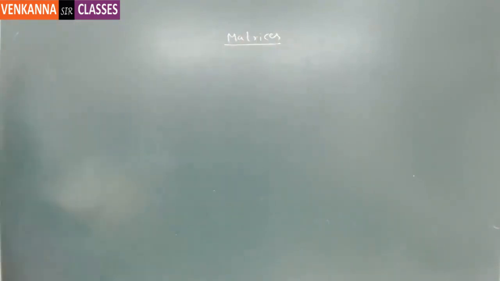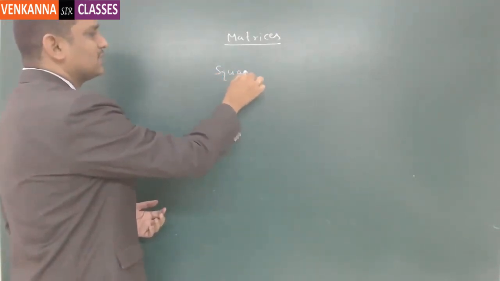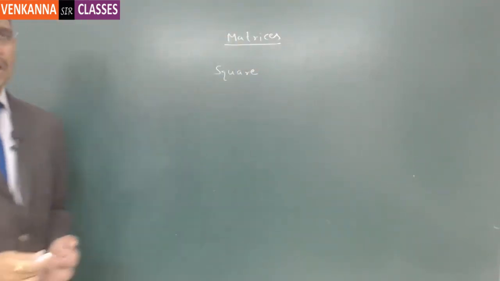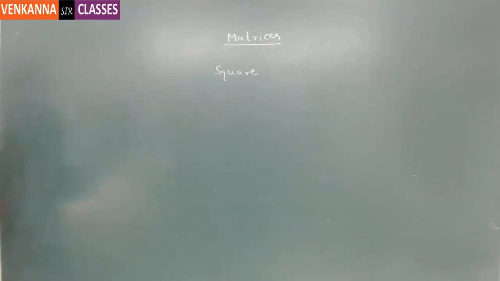So let us recall the old definitions one more time. We know about the square matrices, and a square matrix is nothing but a matrix where the number of rows and columns are equal.